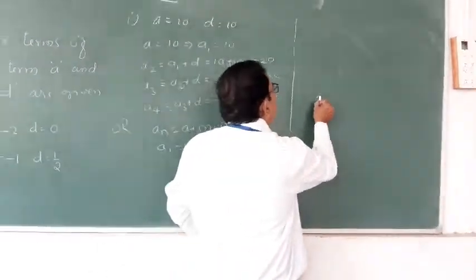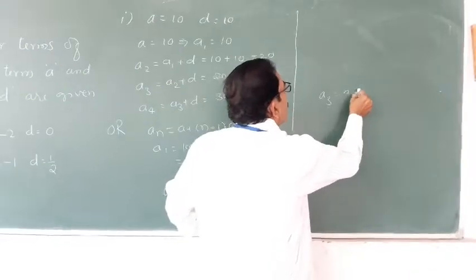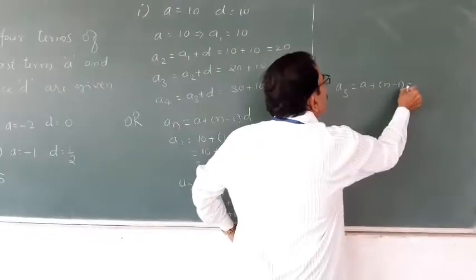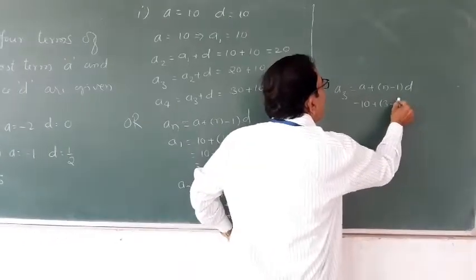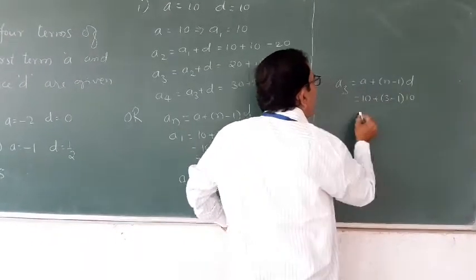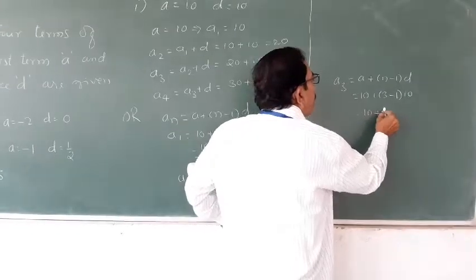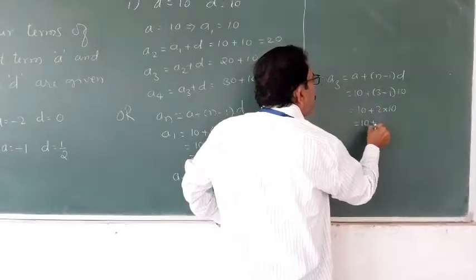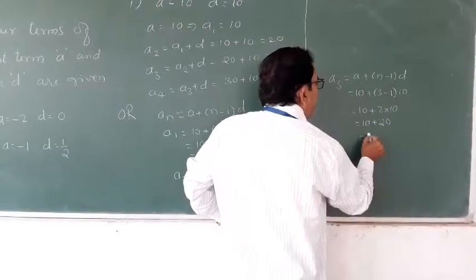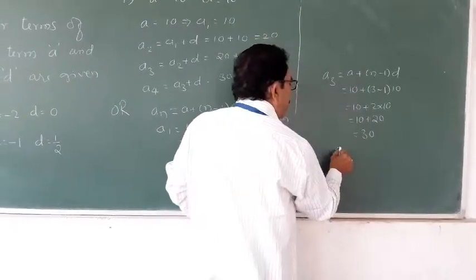Then A3 equals A plus (n minus 1) into D. A is 10, n is 3, 3 minus 1 is 2, 10 plus 2 into 10, that is 10 plus 2 tens are 20, that is equal to 30.